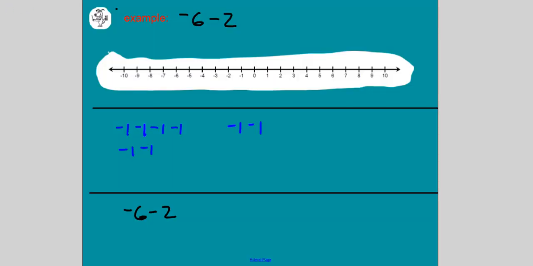So let's look at some examples now. -6 minus 2. On a number line, I start at -6, and this is west. And by the way, this is the same as -6 plus -2. Subtraction is the same as adding the opposite of a number.